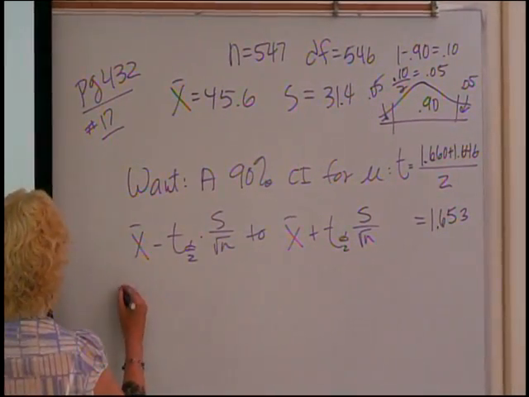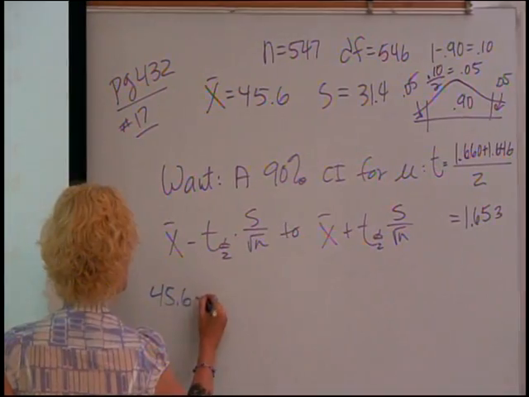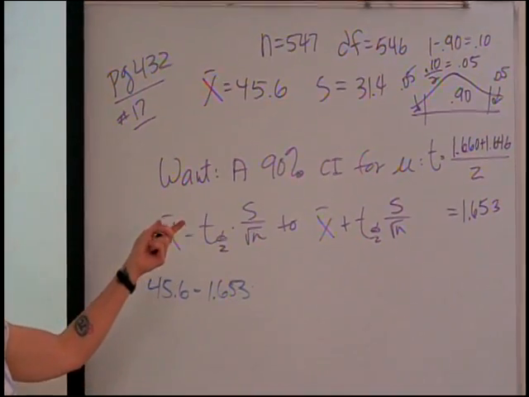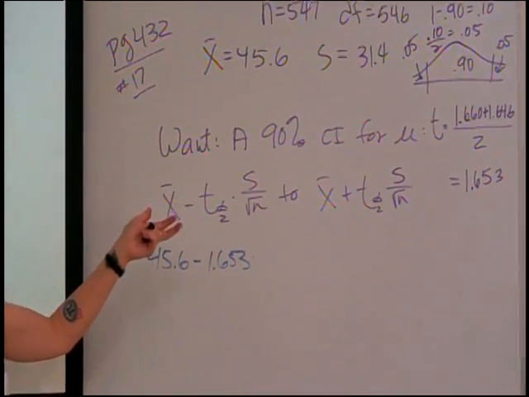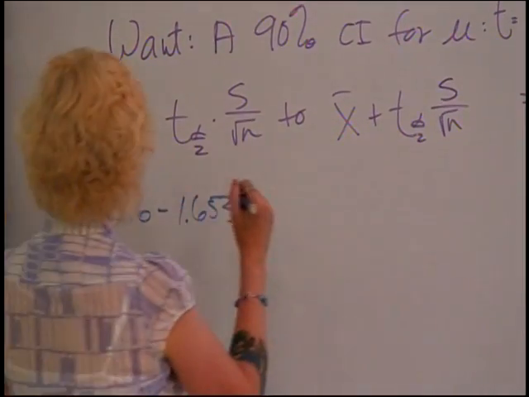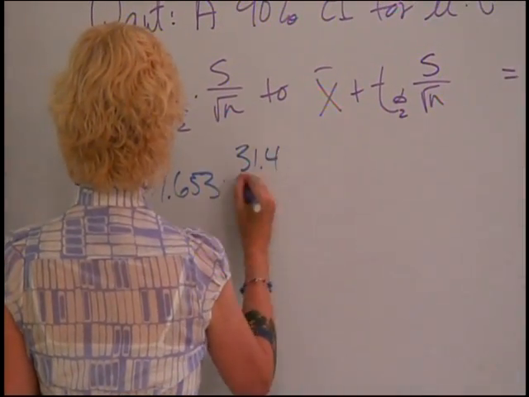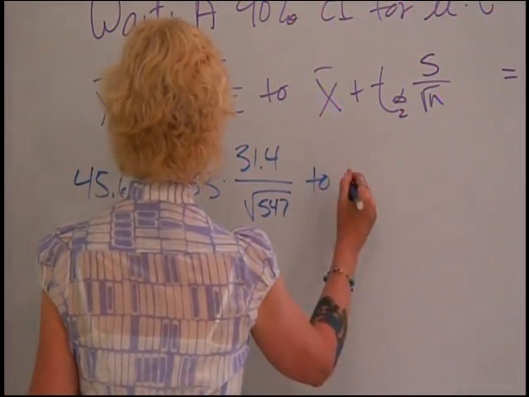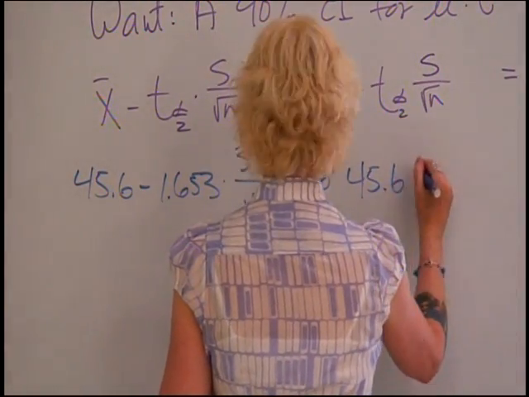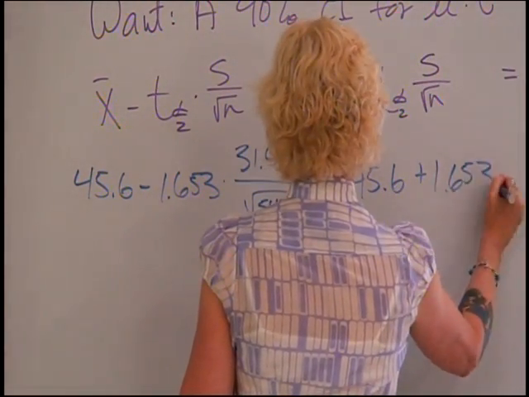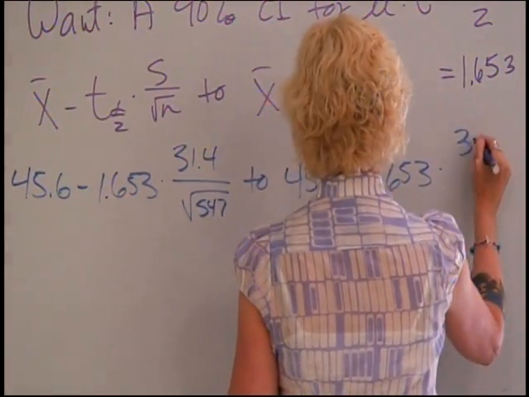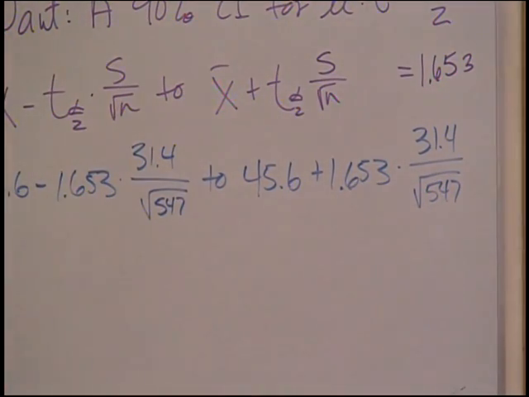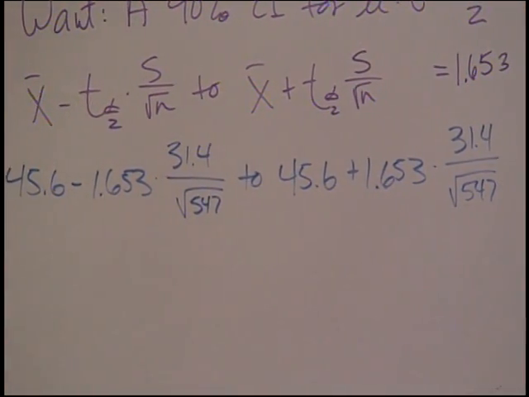So we've got X bar, 45.6, minus the t-score, 1.653. And if you use the 1.660 or the 1.646, I don't think you're going to have a problem. Times 31.4 divided by root 547. When you put that in your calculator, it's pretty easy.